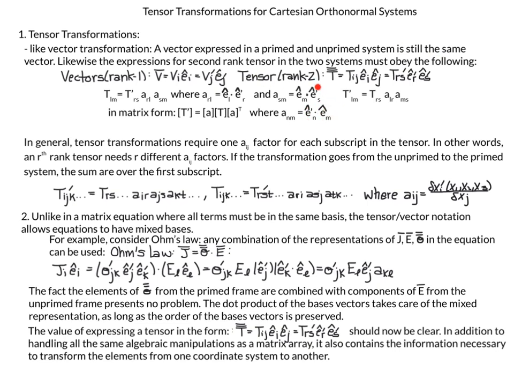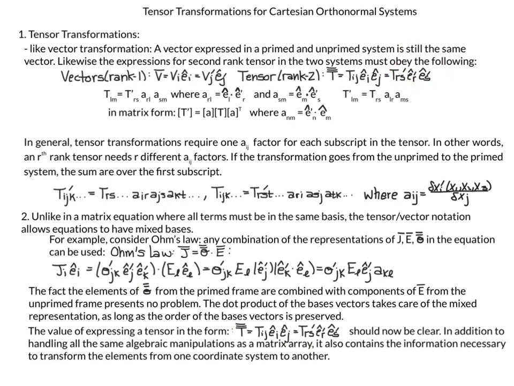Then we looked at rank 2 tensors, which are matrices. Since it's rank 2, it has two indices, i, j, naturally represented by matrices. With tensors, we always carry the bases with us, e sub i, e sub j, and we can transform that into another primed basis.